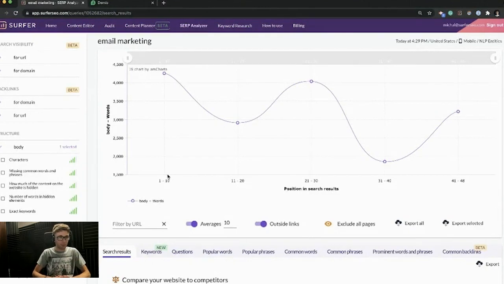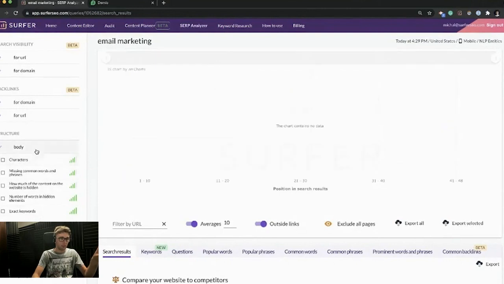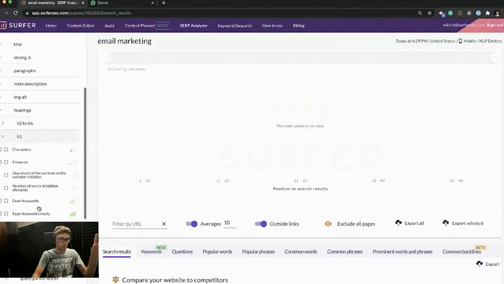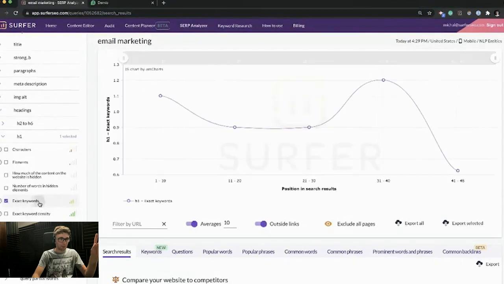We have a bunch of these places in the page structure. So we have these obvious strong signals like the H1 and title. I should have the keyword in there. And if we go through these elements in Surfer, I will just browse the menu on the left-hand side and select headings, H1, and exact keywords.